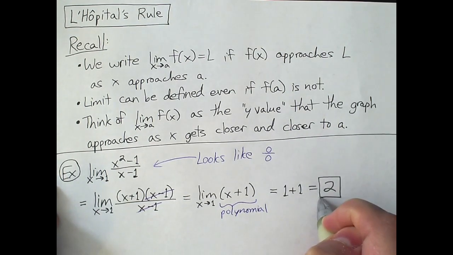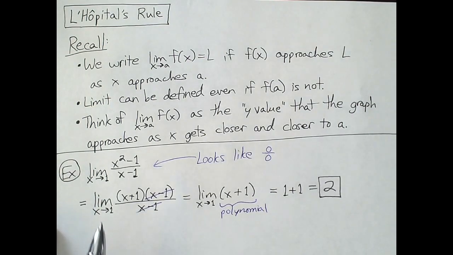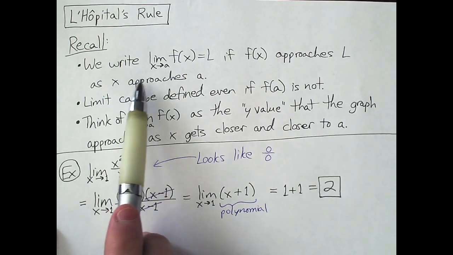The thing I wanted to draw to your attention is that at first glance, this problem looked like 0 over 0. It's tempting to just say, oh, that's undefined, you can't divide by 0, look at the denominator, it looks like 0. However, remember, limits say that x approaches a.